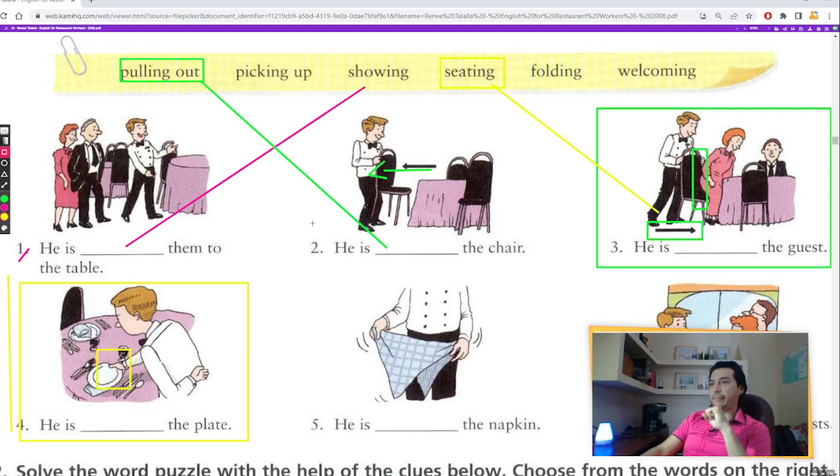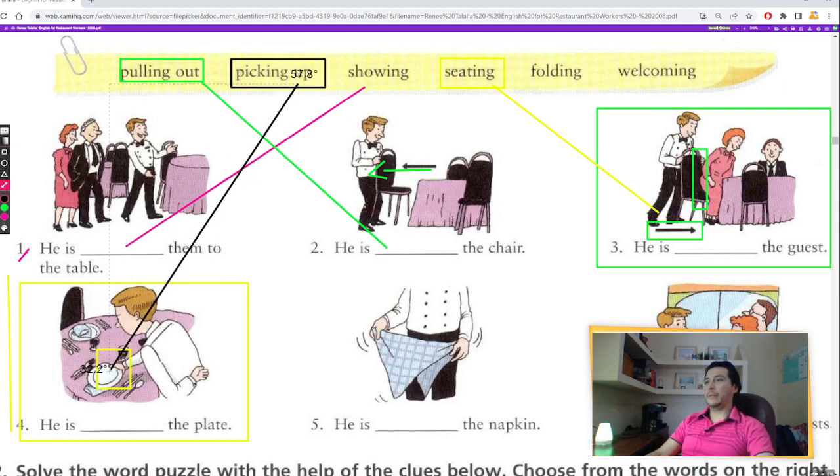Look right here. He is picking up the plate. He is picking up the plate. Picking up. He is picking up the plate.